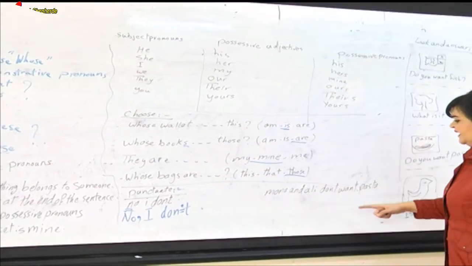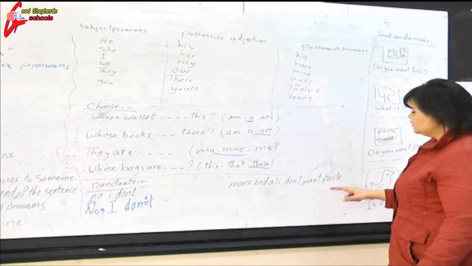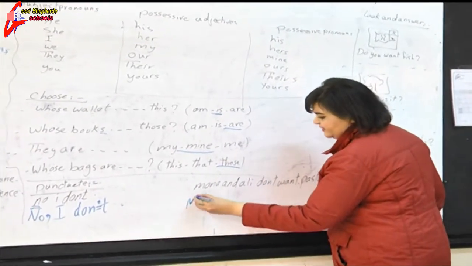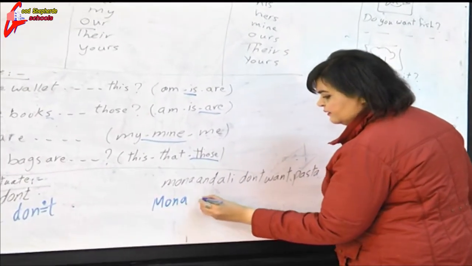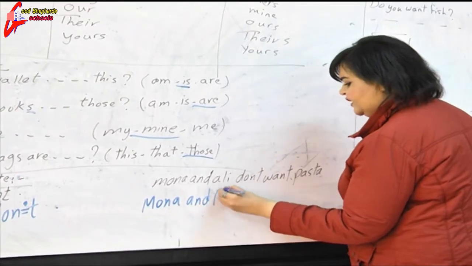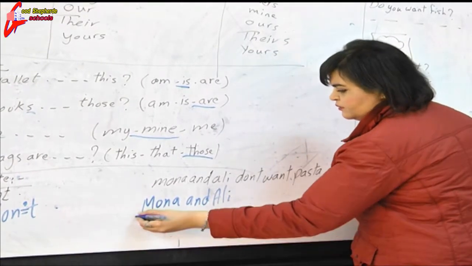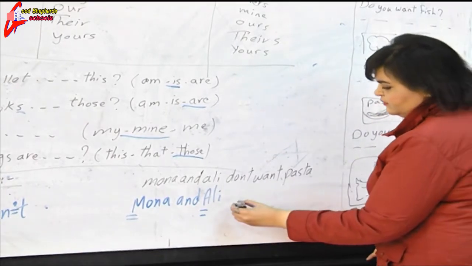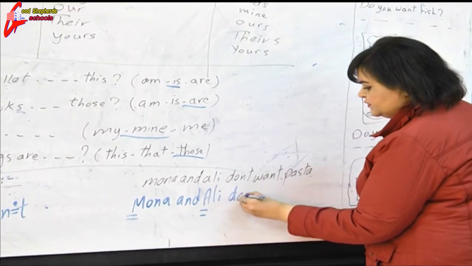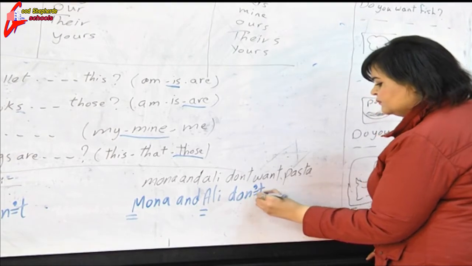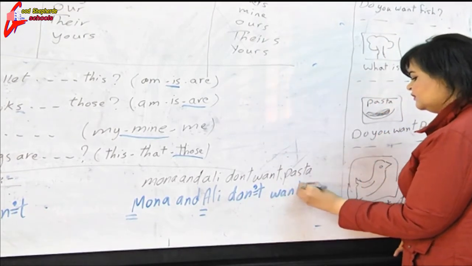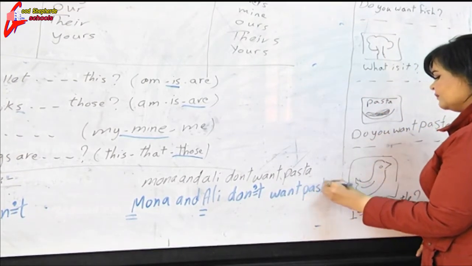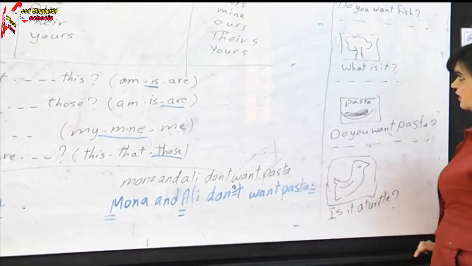Number 2, Mona and Ali don't want pasta. Mona and the other name with a capital letter, so we put short lines on the correct one. Don't want pasta. At the end we put a full stop.